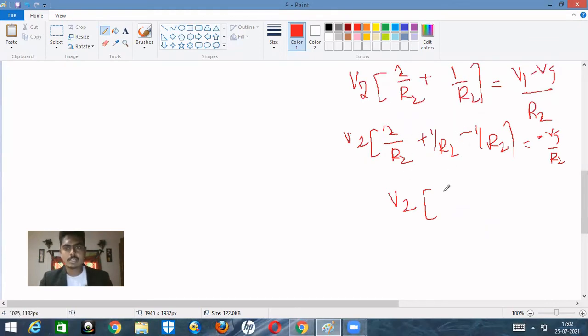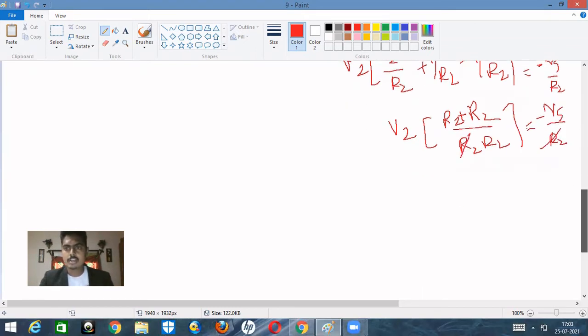So V2 into 1 by R2 plus 1 by RL is nothing but R2 plus RL divided by R2 into RL, is equal to minus Vs upon R2. Okay, so R2 will cancel out with each other. Then V2 is equal to minus Vs into RL divided by R2 plus RL.